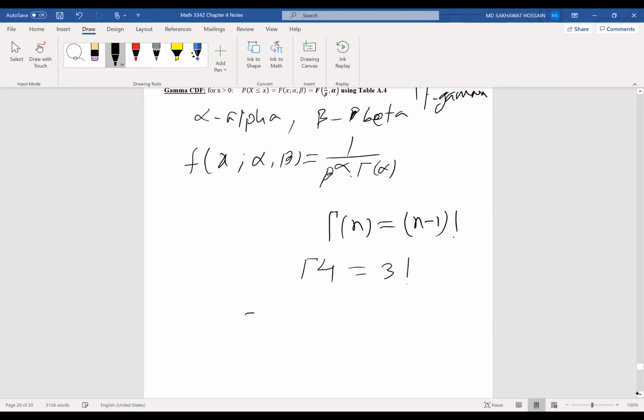What is factorial? Factorial means you start multiplying the numbers from 3 down to 1. So 3 factorial means 3 times 2 times 1, which is 6. Similarly, 4 factorial means 4 times 3 times 2 times 1, which is 24.